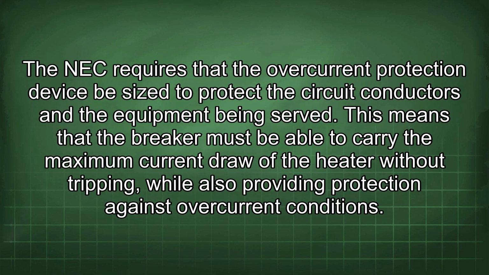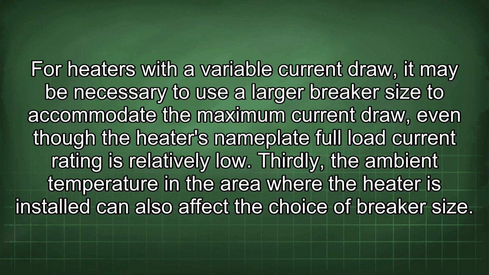The NEC requires that the overcurrent protection device be sized to protect the circuit conductors and the equipment being served. This means that the breaker must be able to carry the maximum current draw of the heater without tripping, while also providing protection against overcurrent conditions. For heaters with a variable current draw, it may be necessary to use a larger breaker size to accommodate the maximum current draw, even though the heater's nameplate full load current rating is relatively low.